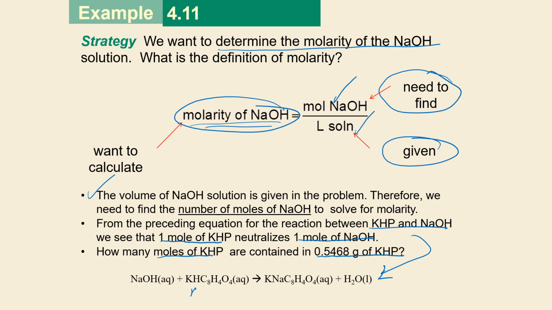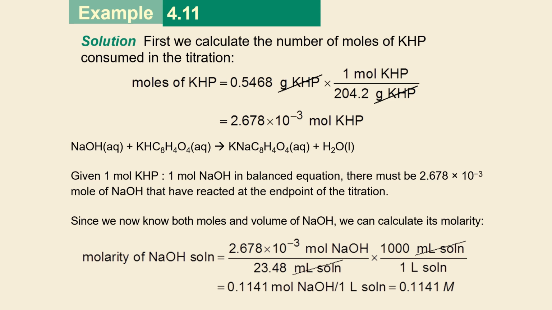Well, once we have moles of KHP, guess what? We also know moles of NaOH at the endpoint. Once again, we're given the liters. So guess what? We can find molarity.